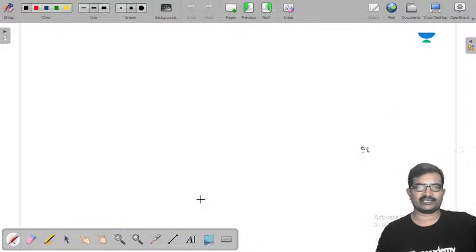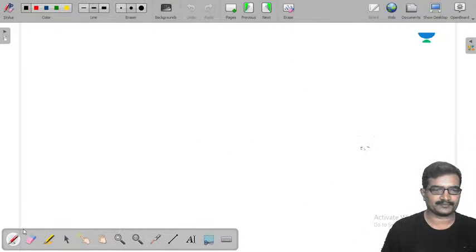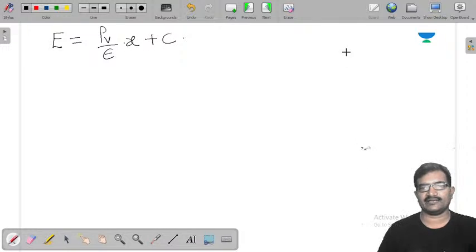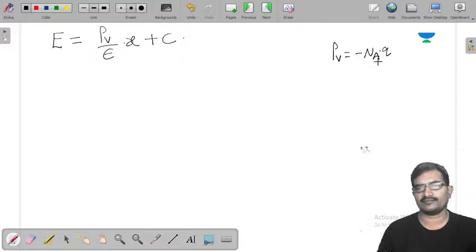Here these are the different rho v values we have: minus Na into Q, plus Nd into Q, and 0 elsewhere.